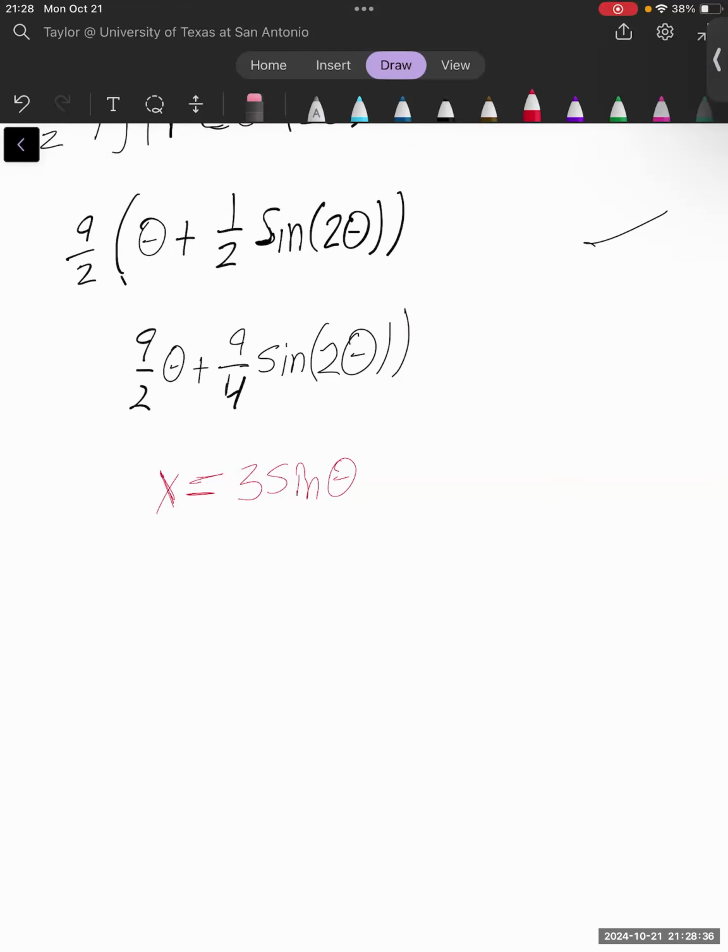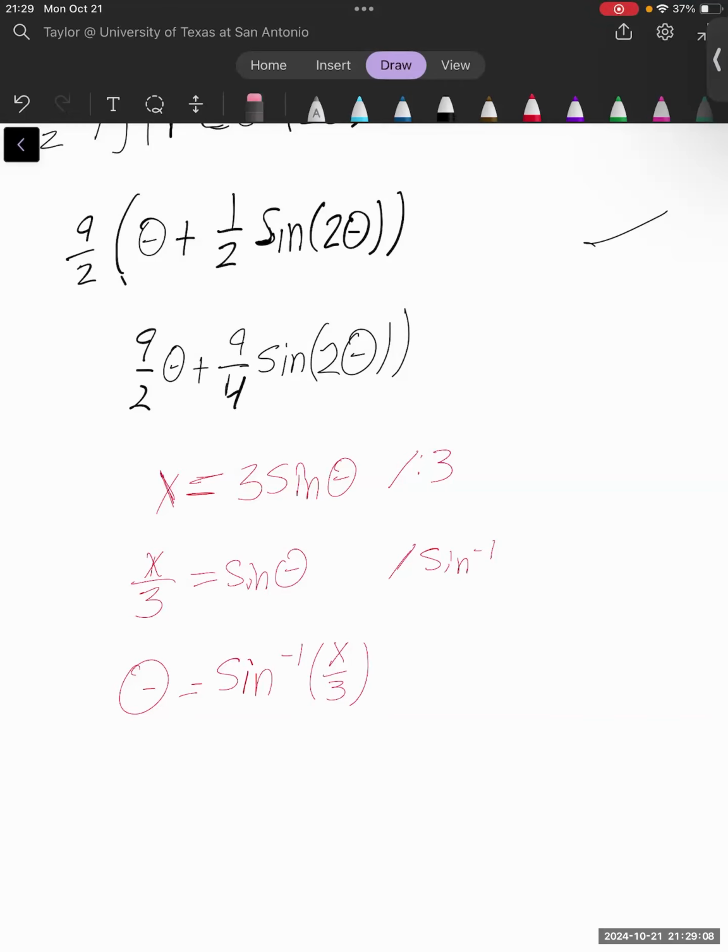Then I'm going to divide by 3, so it gives me x over 3 equals sine theta. And then I am going to multiply by sine inverse, giving me theta equals sine inverse of x over 3.